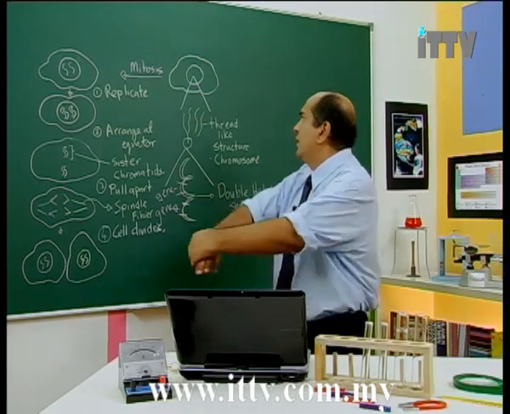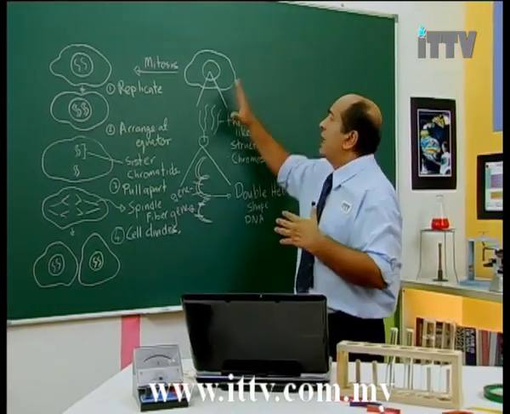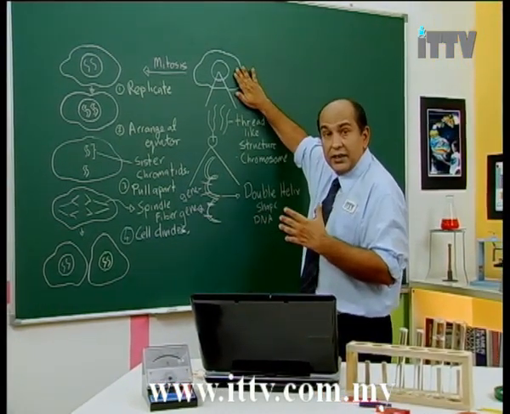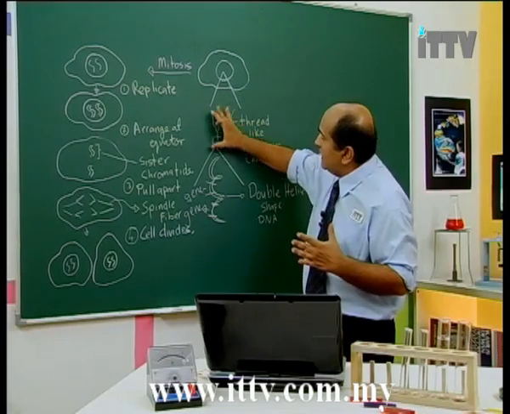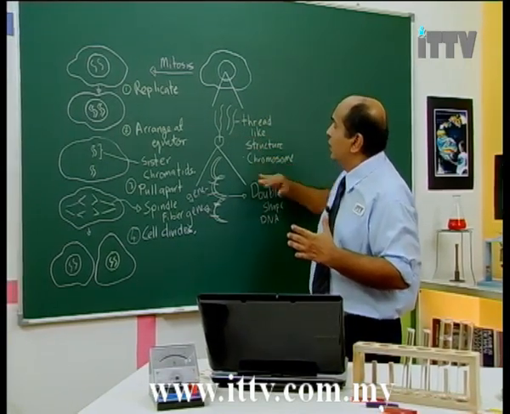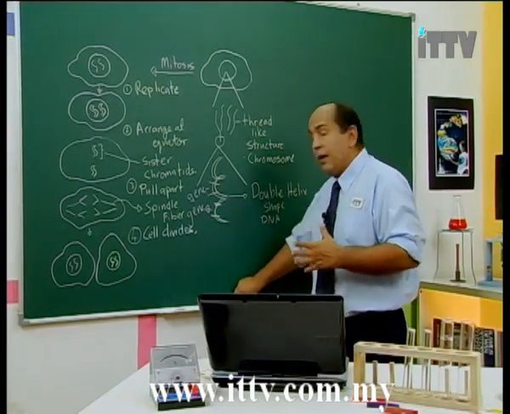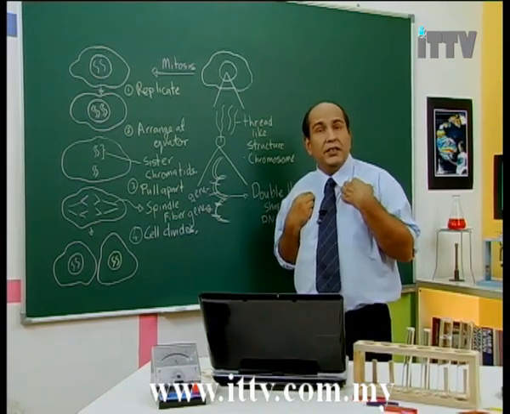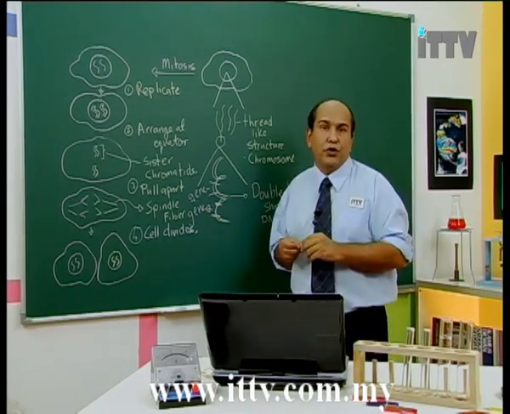So what do we know? We all have in our cells a nucleus. The nucleus contains thread-like structures which we call chromosomes. Remember, human beings have 46 chromosomes.